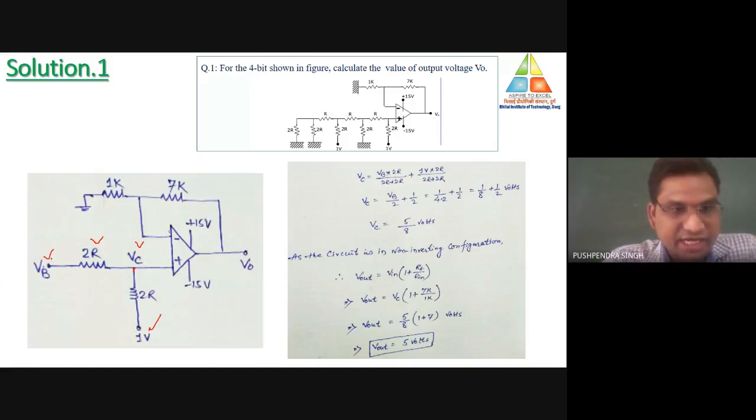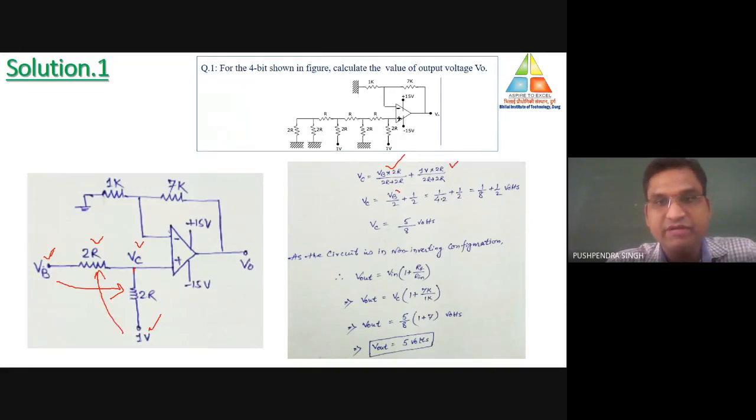When we concentrate on VB, VC will be equal to VB multiplied by 2R divided by 2R plus 2R, plus for the 1 volt voltage source, 1 volt multiplied by 2R divided by 2R plus 2R. So VB divided by 2 plus 1 by 2. After the calculation, VC will be how much? 5 by 8 volt. So we have calculated the value of VC.